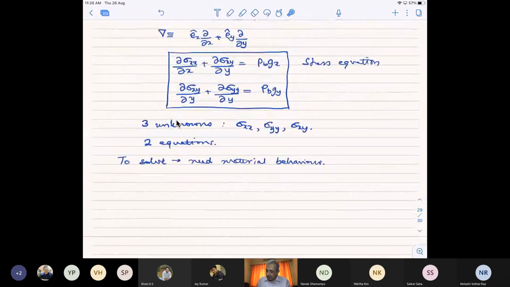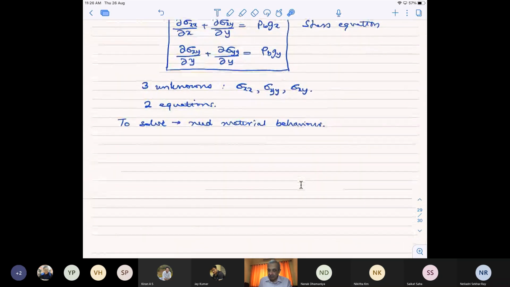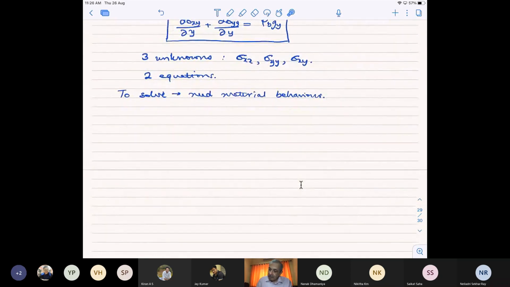However, in a solid, that is not true. Even in a static system, you can have non-zero shear stress and normal stresses. So we do need one more equation. The condition that we use to solve that is called the condition of incipient failure.